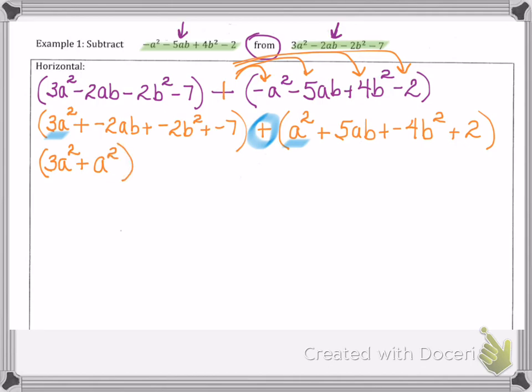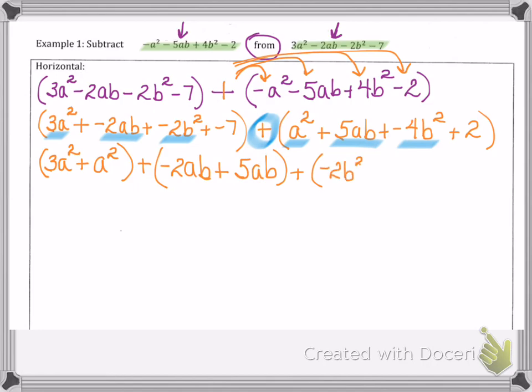Now I'm going to look at the next set of like terms. We've got a negative 2ab in the first set of parentheses and a 5ab here. So again, I'm writing those in the same set of parentheses. Negative 2b squared is a like term with negative 4b squared, so I will put those in the same set of parentheses. And I've got a -7 and a +2. Again, those go in their own set of parentheses.